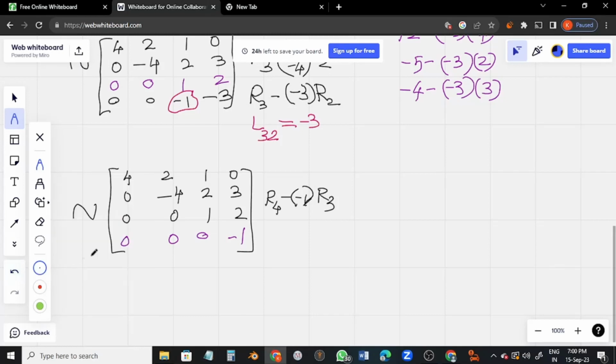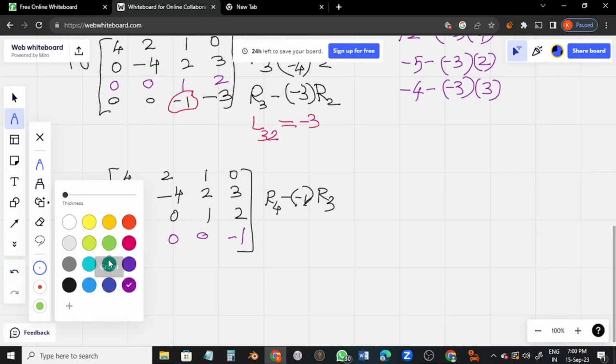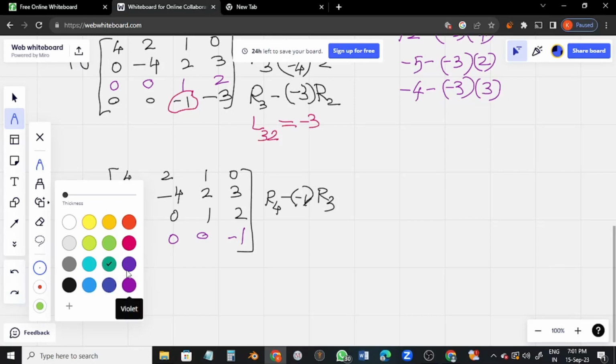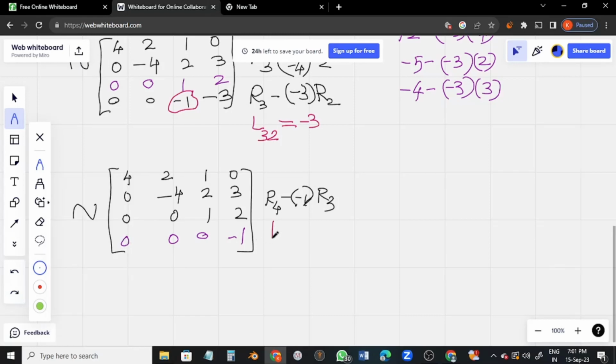So what you can say? My upper triangular matrix U is, but I think I should, okay, I should have noted this L, which position I have just now changed, 4th row, 3rd column.